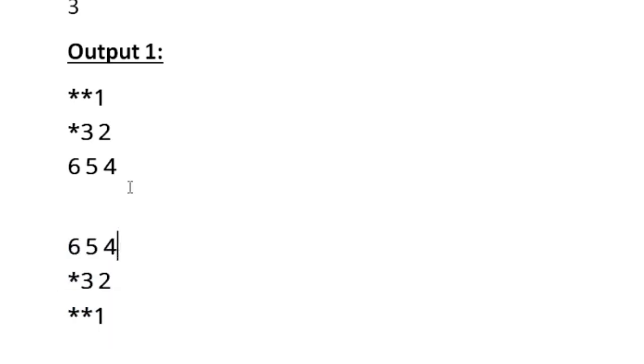Now let us see how our first half is formed. The given value of n is 3, so every row has 3 characters in it. In the first row there are 2 asterisks and 1 digit. In the second row there is 1 asterisk and 2 digits. In the third row there are 0 asterisks and 3 digits.